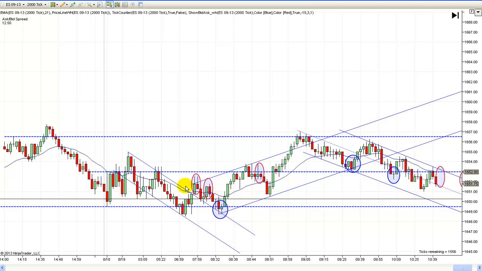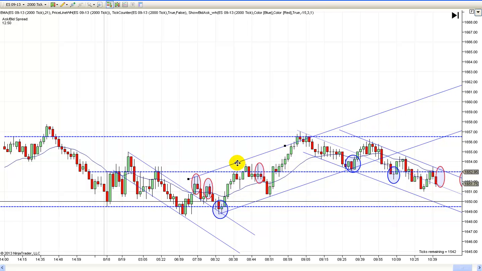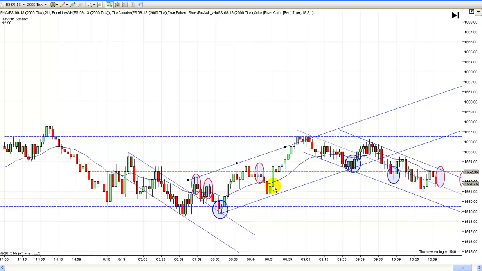Even if you didn't draw that trend line across there, you still should have had the fact that you got this resistance area with this trading range, so you've got to be careful. Just because you see a failed second entry in one direction doesn't mean you automatically take it in the other.